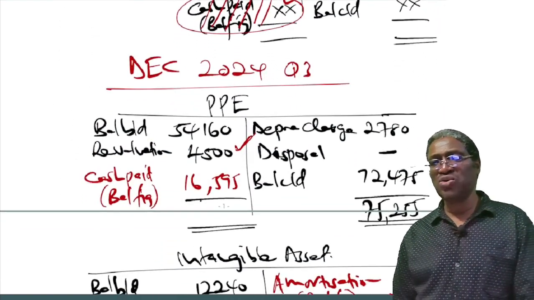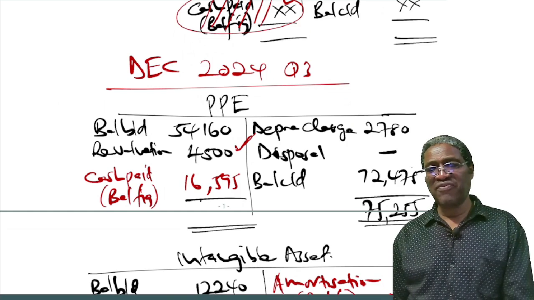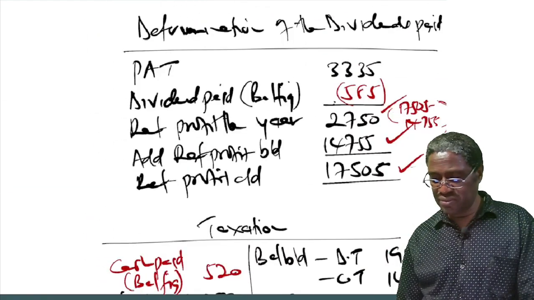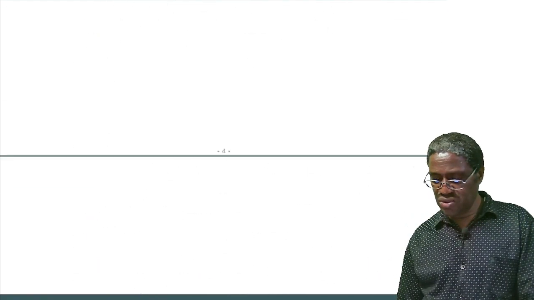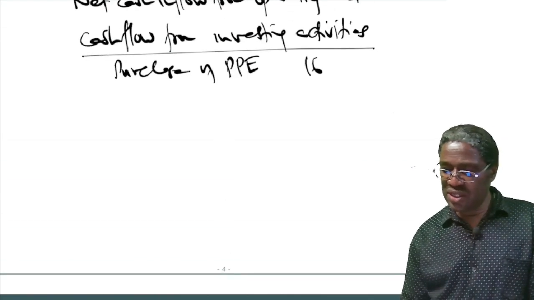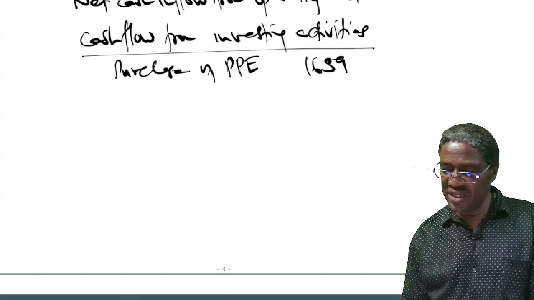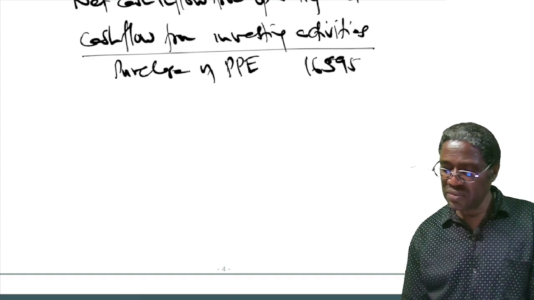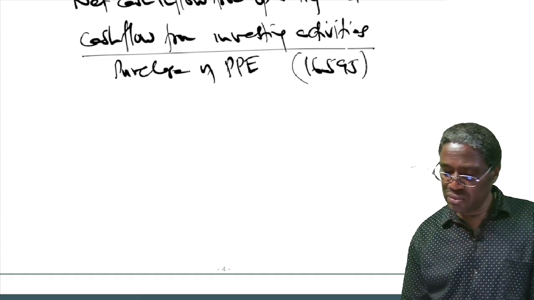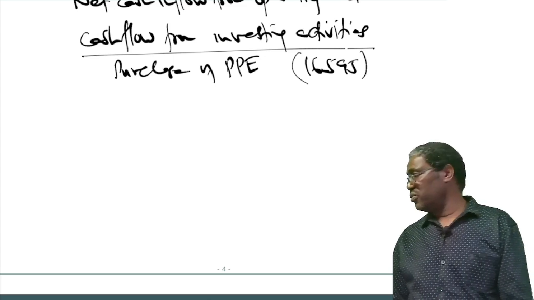We got an amount of 16,595. Bring it. And remember, we are buying. That's an outflow.